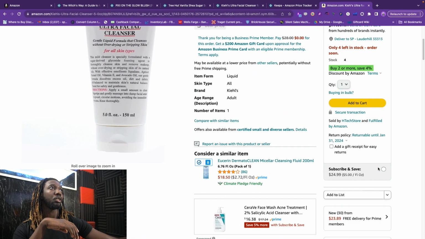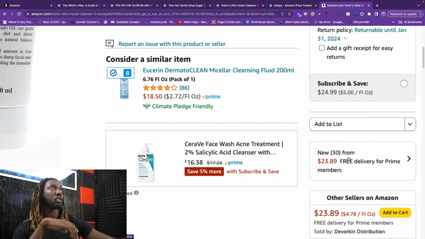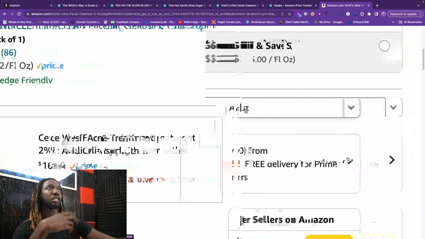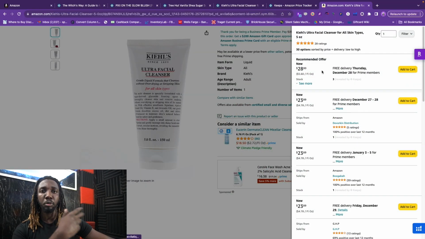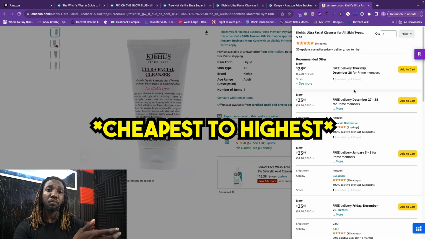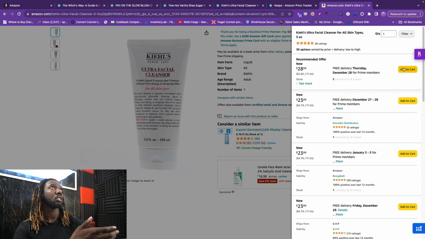Instead, it'll give you something like this, you know, there are 30 sellers, and you just click on it and then it'll show you a list of sellers, and usually it goes from cheapest to highest. So that's what happens if there's no buy box. Whoever's the cheapest is going to show on top, and then the customer most likely is going to go for the cheapest, right?